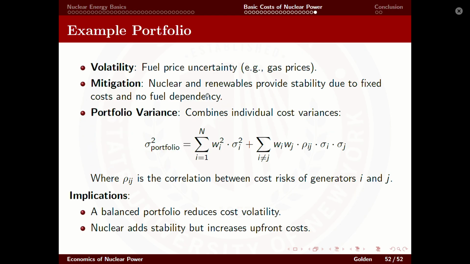And then you can calculate how to think about the uncertainty by looking at the volatility from fuel price uncertainty. Maybe gas prices are very volatile. Maybe you don't know what the weather's going to be like, and that'll affect solar, and you don't know what demand's going to be like. So nuclear and renewables can provide stability to fixed costs and no fuel dependency.